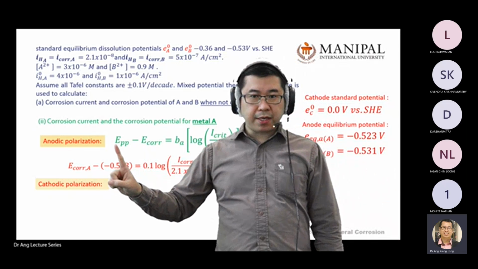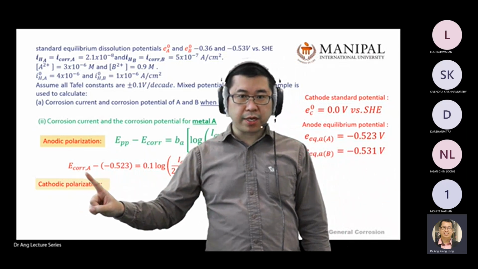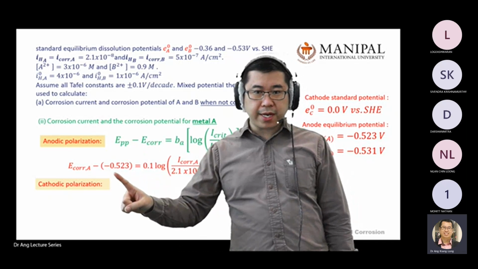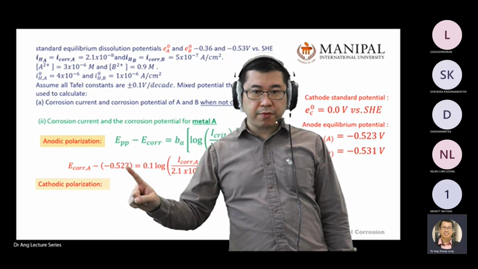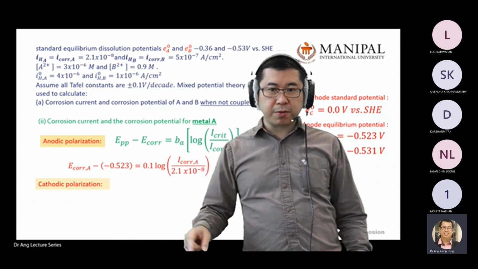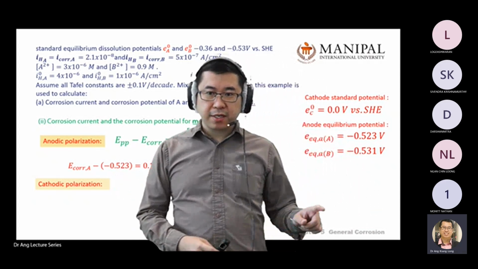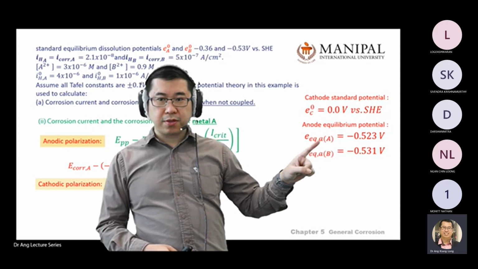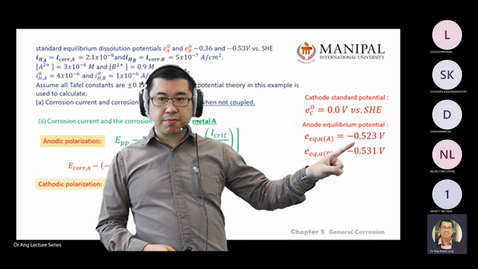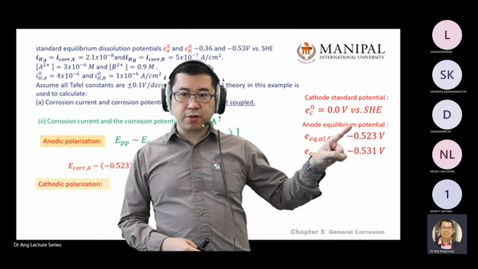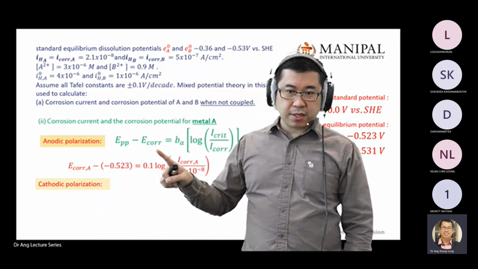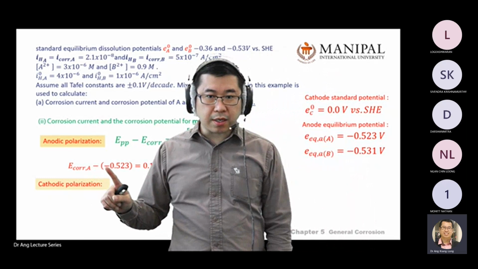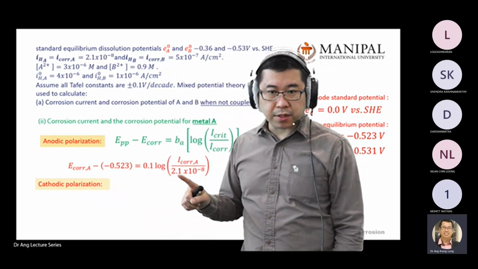So EPP equals E corrosion of A, this one equals minus 0.523. Why minus 0.523? Where can you find this one? Just now you already found it for A, right? The anodic equivalent potential you found is minus 0.23 volt, right? You use this value as E corrosion here.